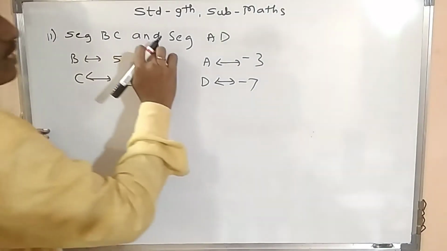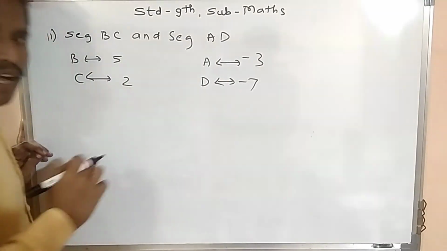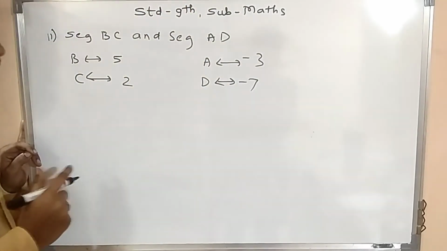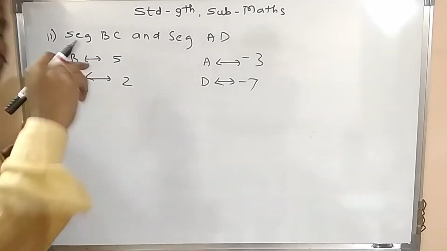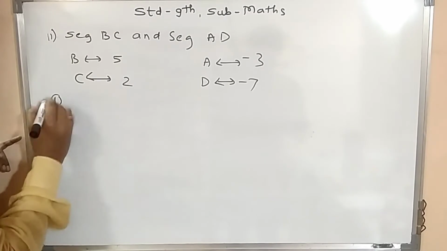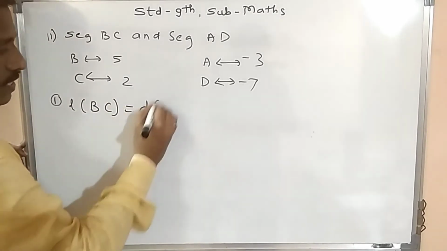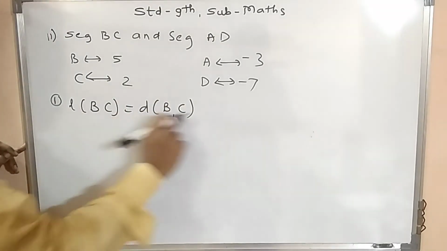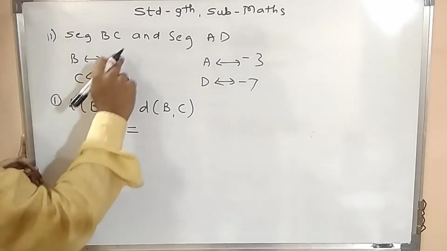Segment BC and segment AD, I have to justify whether these two segments are congruent or not. From the table, I know the coordinates of points B, C, A and D. Two segments are congruent if their lengths are equal. So first, I will find the length BC, that is the distance between points B and C. Length BC is the same as distance BC. That is equal to greater coordinate minus smaller coordinate.